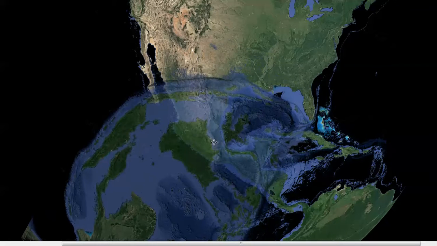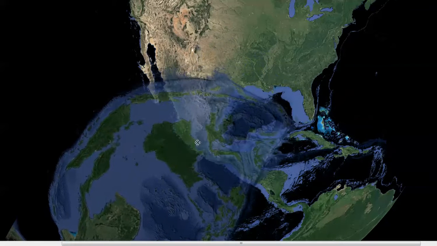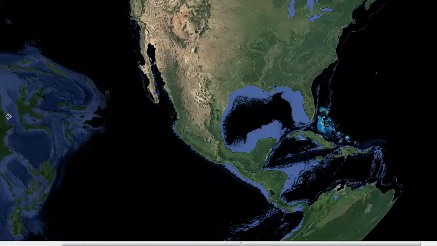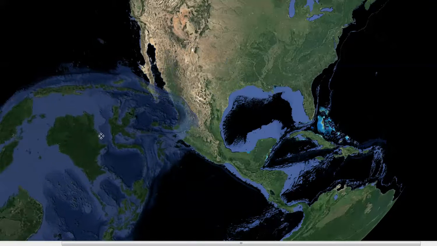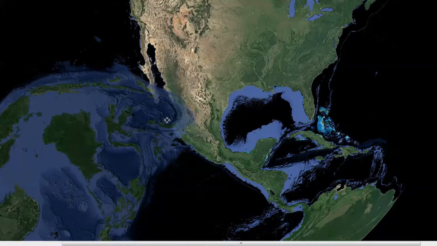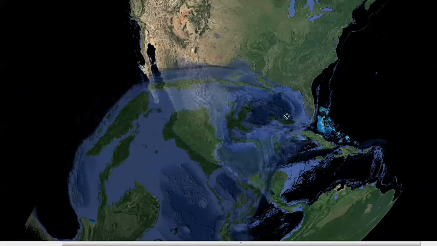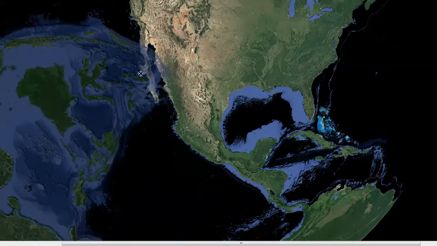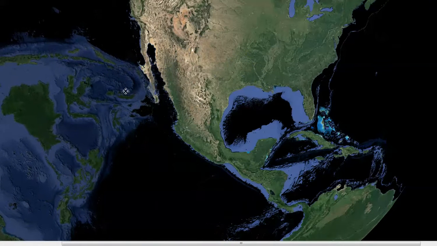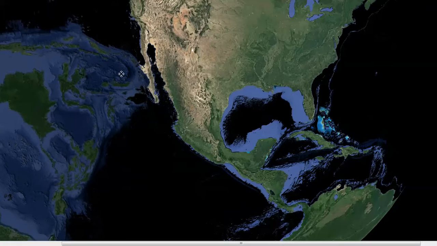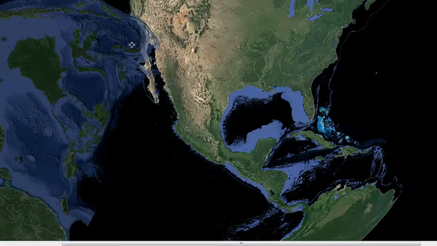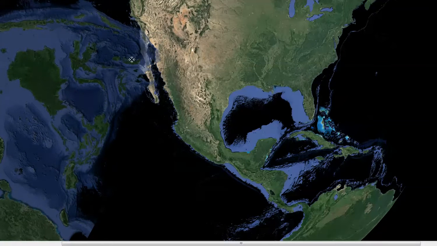This was about Africa, but I couldn't resist. I've got to show you these things. Look at this, the recurring pattern over and over again, which is not explained by plate tectonics or any theory that I've seen yet.